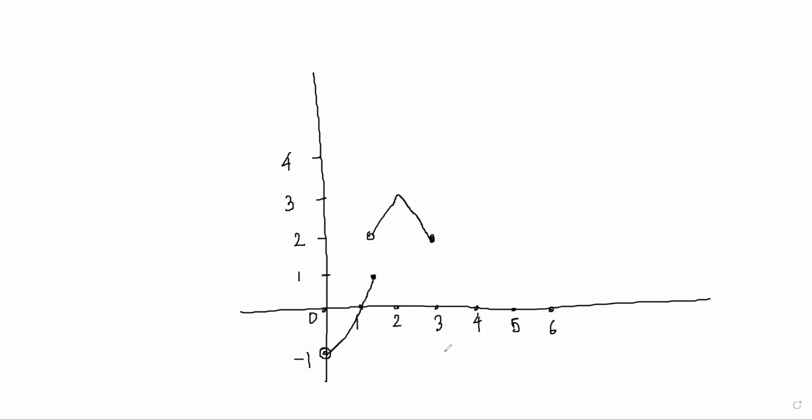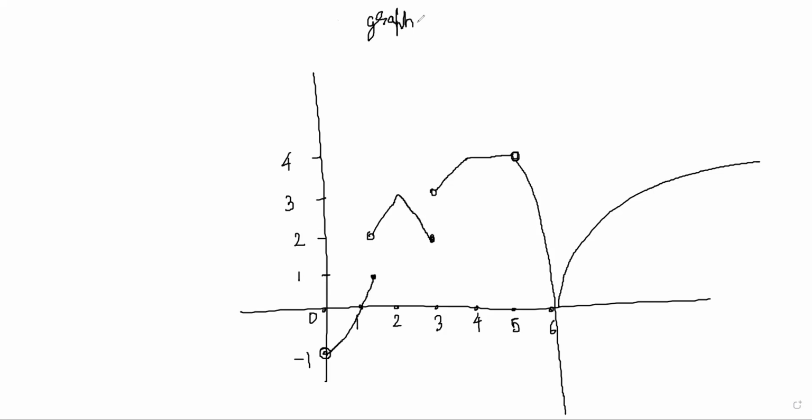Then after that, it's going to be a blank here and goes up like this, blank here, and after that it goes down, and after 6 it starts rising up again. After 6 it rises up from this point again like this, right? So this is my function right now. Okay, this is the graph of a function.